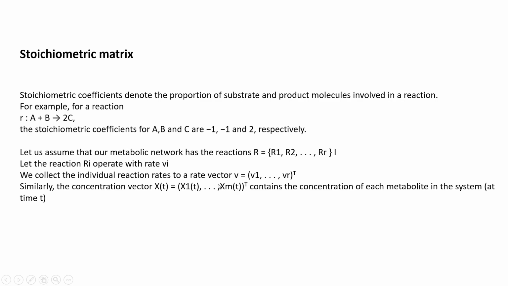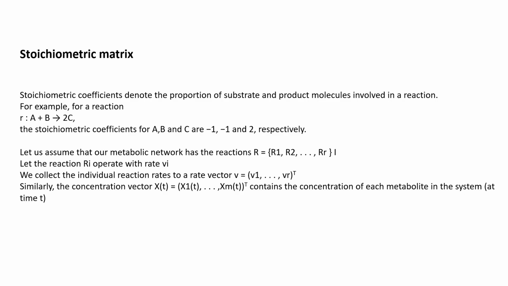Say, for example, you have a reaction like A plus B giving 2C. The stoichiometric coefficients for A, B, and C are generally minus 1, minus 1, and 2 respectively, because the minus sign represents that the substrate is getting used up in the reaction, and the plus sign for the product indicates that the products are getting formed during the reaction.